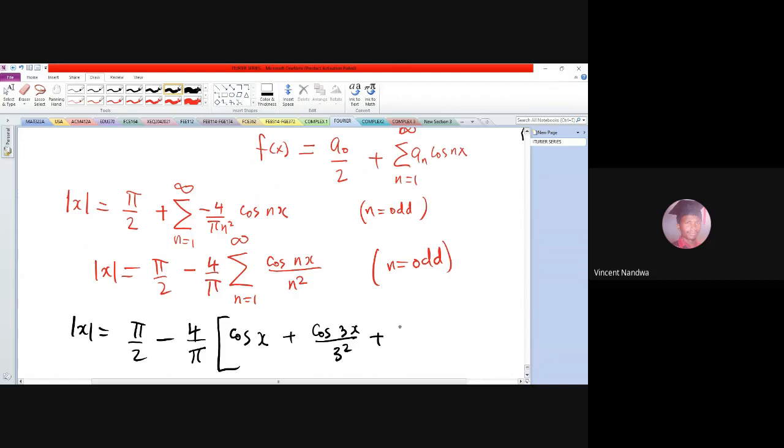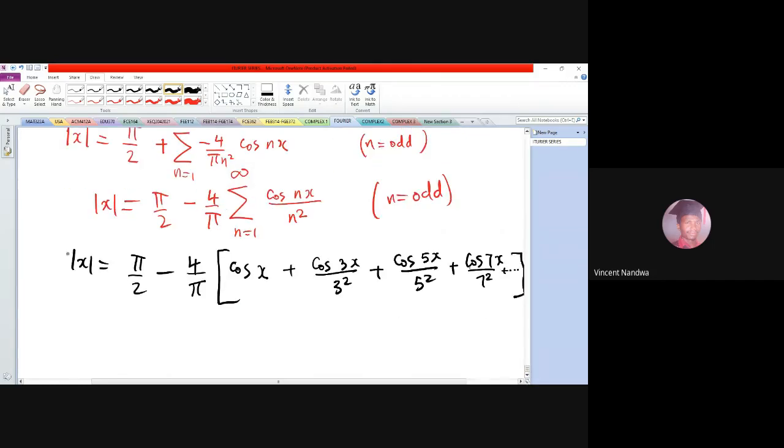Next odd number is 5, so cosine 5x over 5 squared. Next odd number is 7, so cosine 7x over 7 squared, and then plus other terms of the same pattern. So that's the Fourier series of the function given.